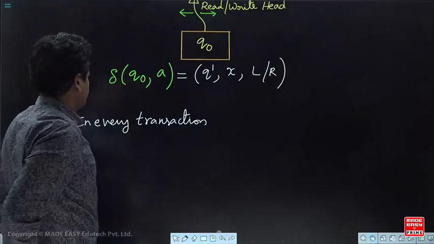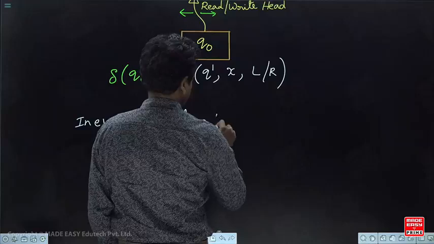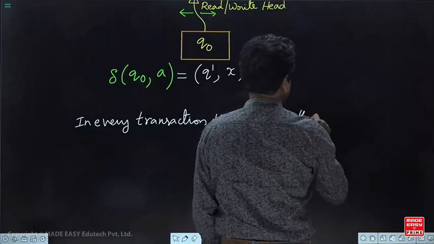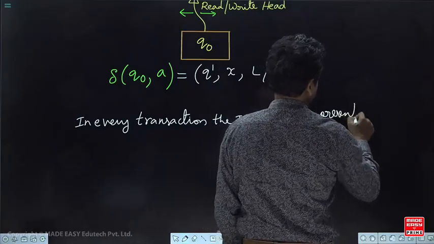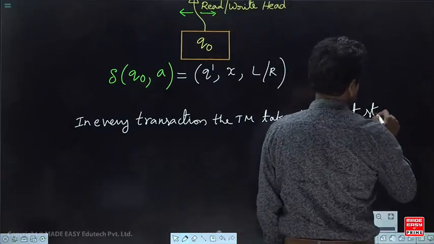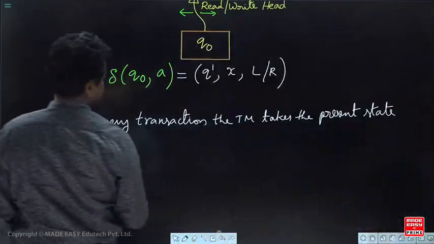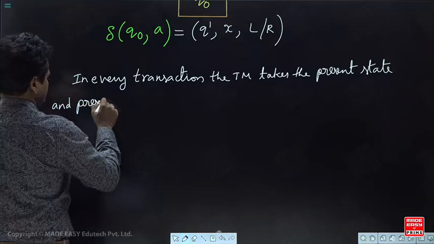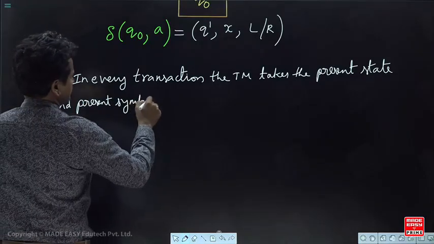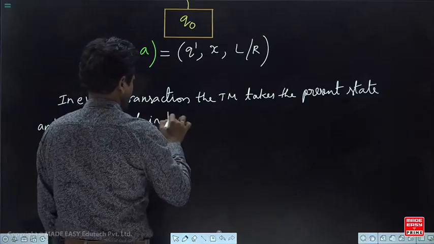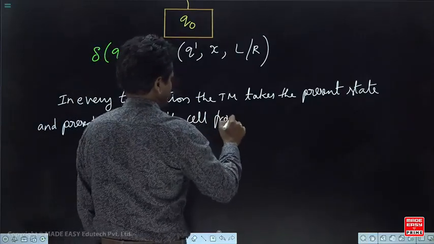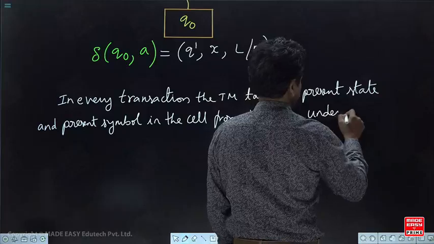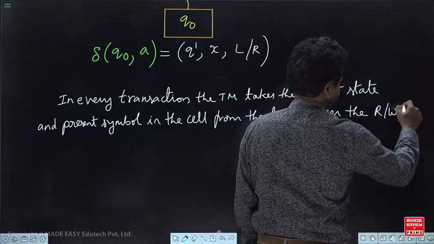Okay. Now take this one. In every transition, the Turing machine takes the present state and the present symbol in the cell from the tape under the read or write head.